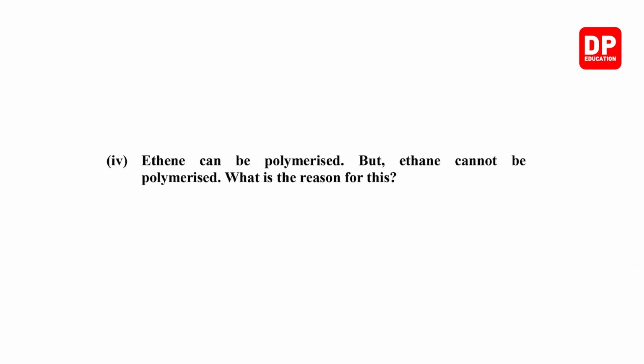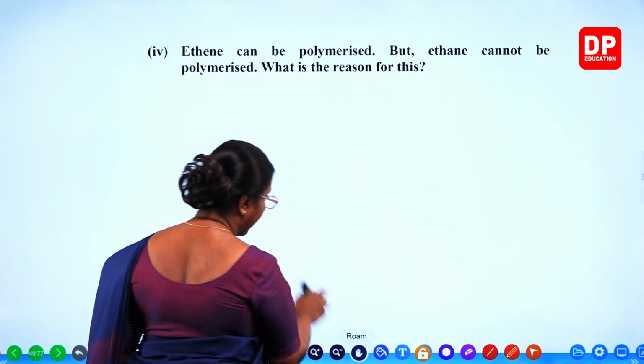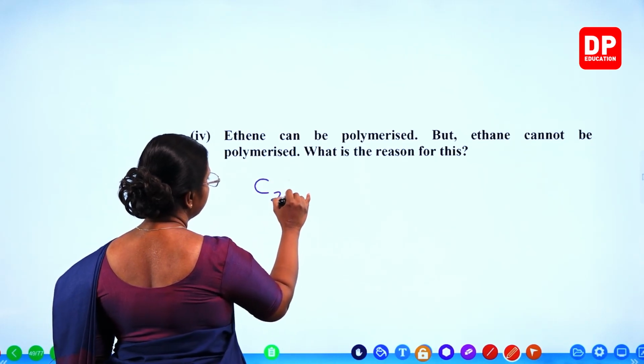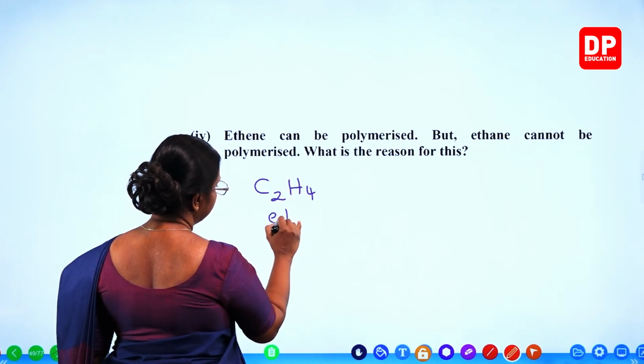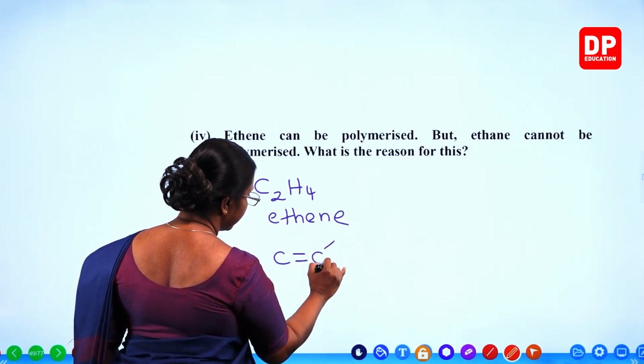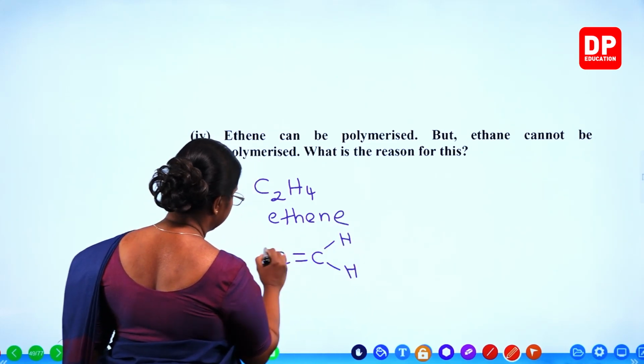Ethene can be polymerized, but ethane cannot be polymerized. What is the reason for this? Now you can remember, students, ethene is C2H4, ethene. That we wrote the structure has a double bond like that.